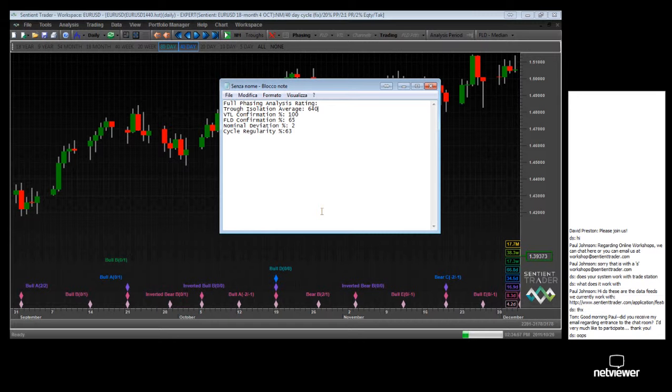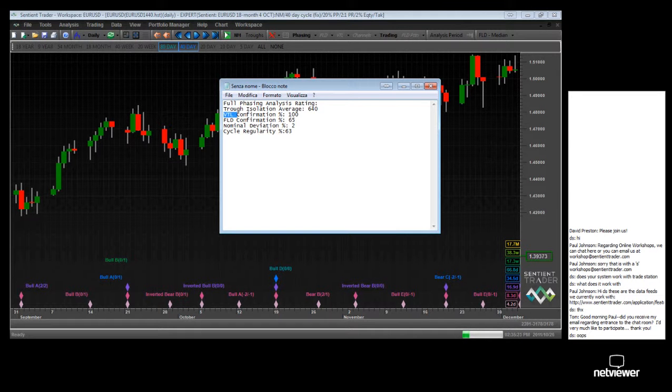VTL confirmation percentage is the next one. Sentient Trader goes back through the entire analysis and constructs VTLs for each cycle, trough and peak, where it can. VTLs cannot be constructed for every single cycle for various reasons, which I won't go into here.